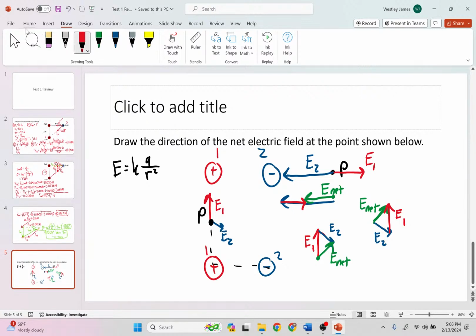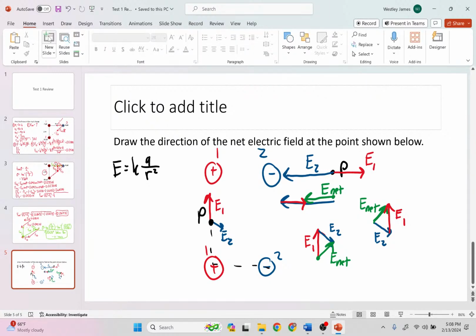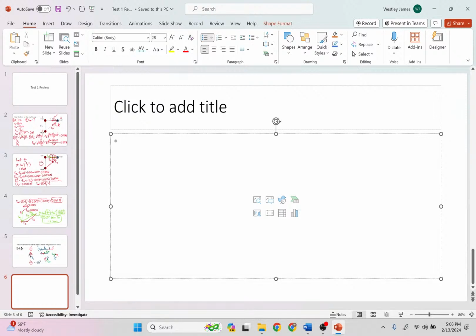All right, let's do another question that could be multiple choicey. I have two charges a certain distance apart.